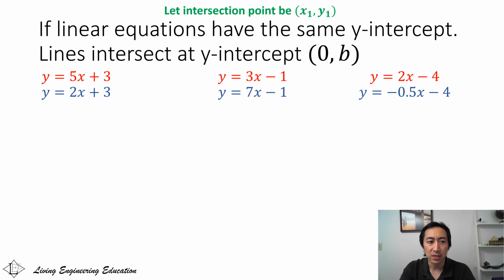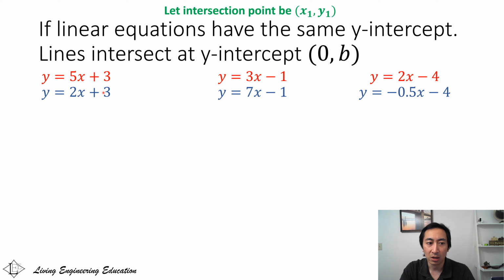When we have two lines that have the same y-intercept, the point of intersection is the y-intercept, right? So in these three pairs of linear equations, we already know that they're going to intersect at (0, b), at x equals 0, because that's where the y-axis is, and at y equals b, where b is the y-intercept.